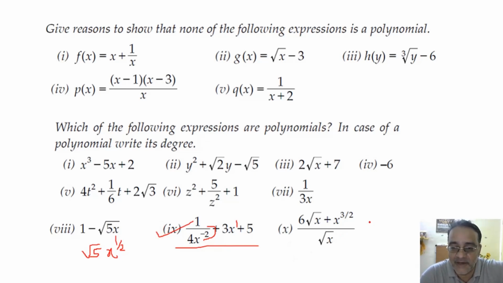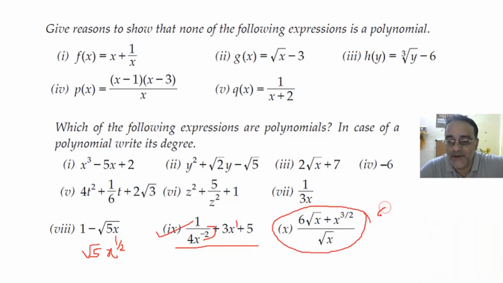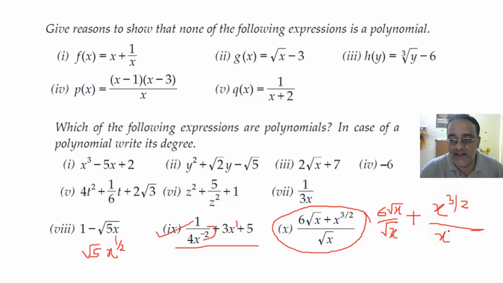Now what about this one? Whether this is a polynomial? No, sir. Yes, this is a polynomial. देखो 6 √x upon √x split कर रहा हूं मैं. Plus x to the power 3/2 upon √x को मैं लिख रहा हूं x to the power 1/2.